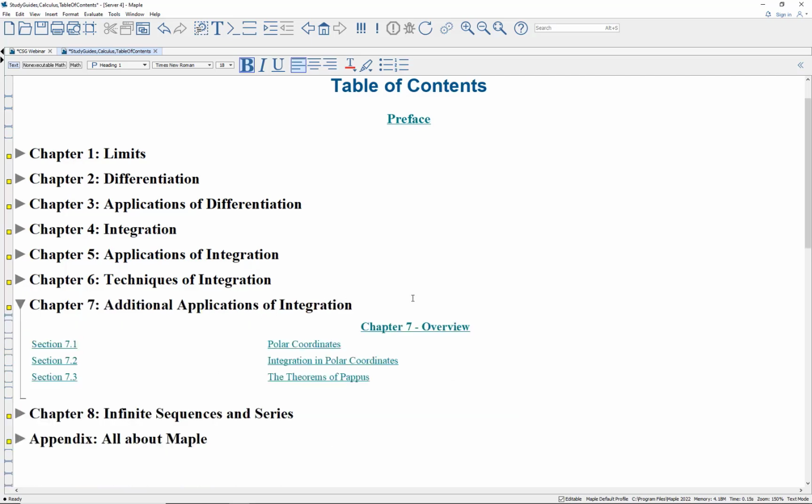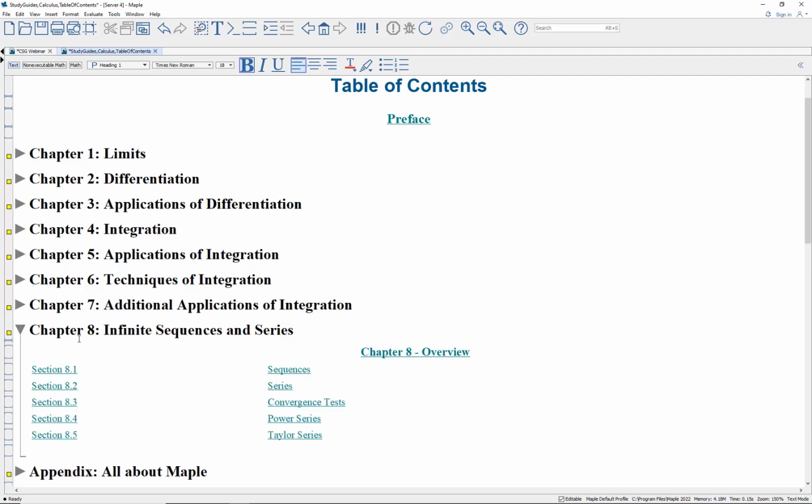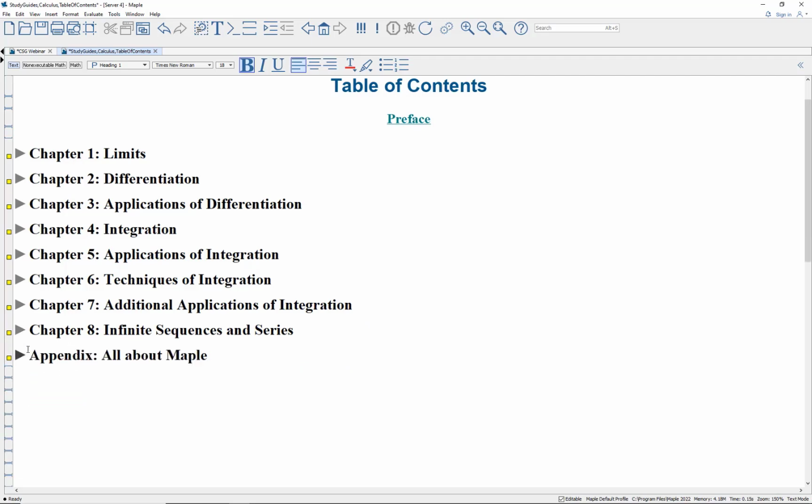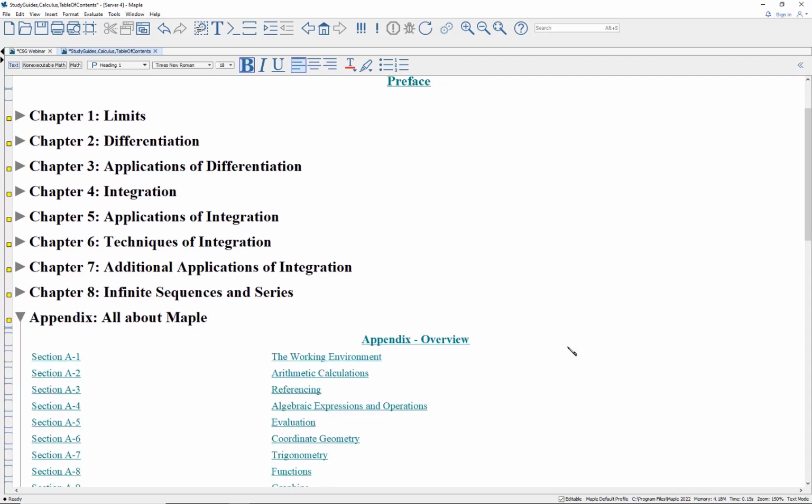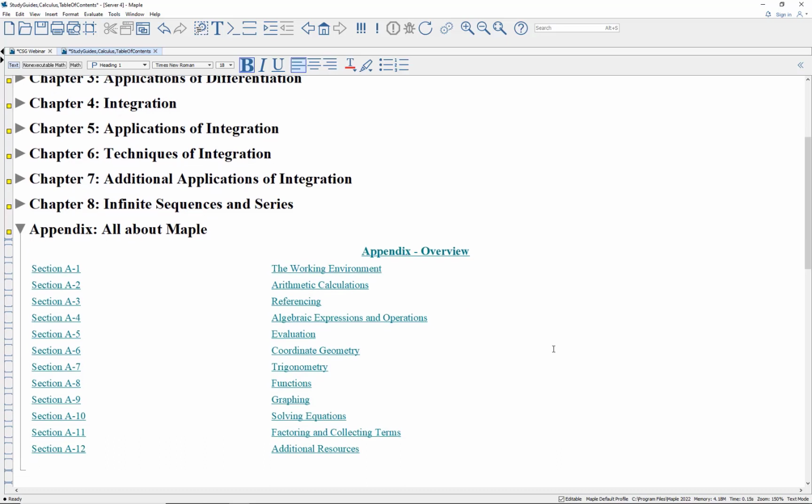Chapter 7, you have some more applications of integration. Basically, what you want to do is integrate in polar coordinates. So first you have to have work on polar coordinates. And this is where we have the theorem of Pappus. Chapter 8, sequences and series. The appendix has material on how you do things in Maple in this point and click functionality.